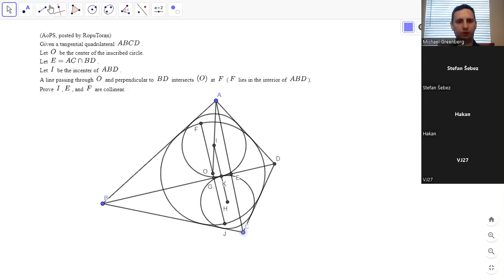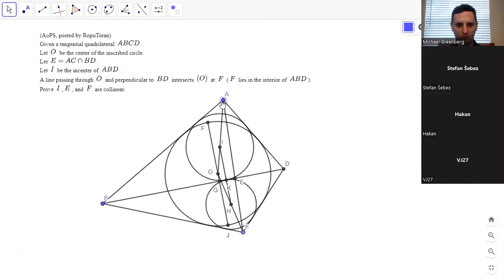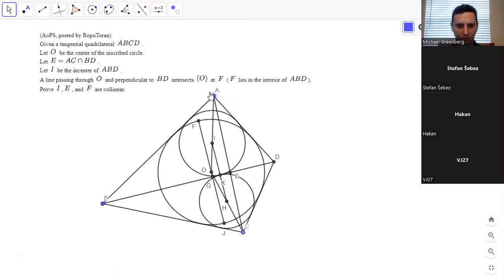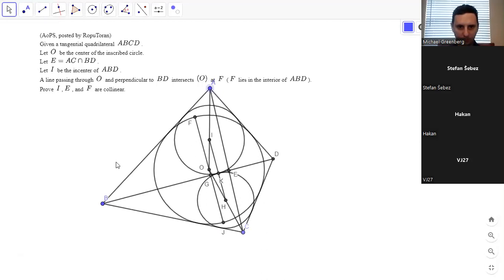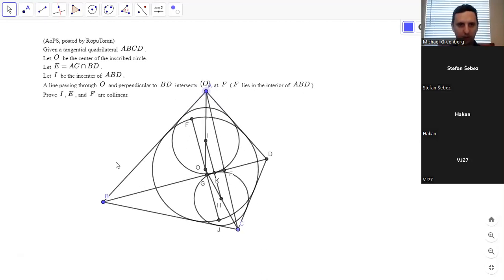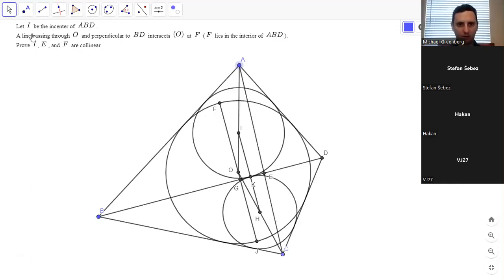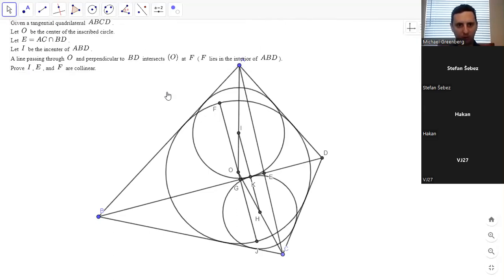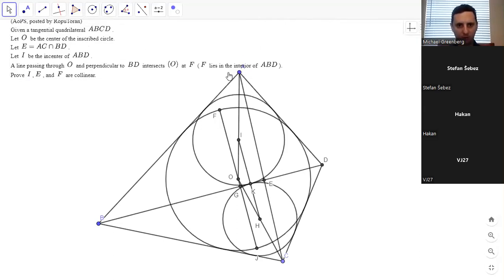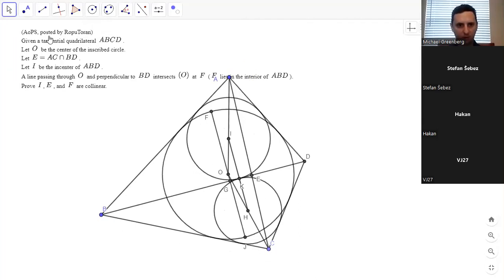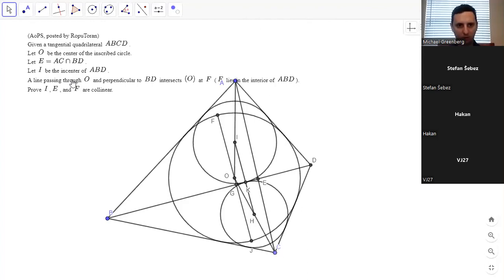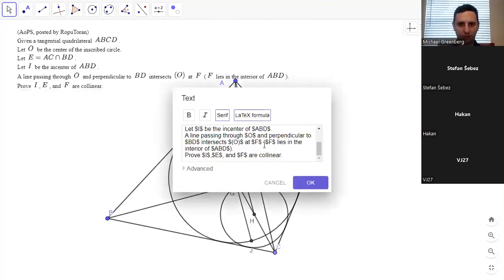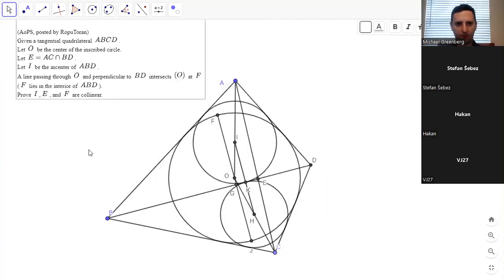So we know C, H, and O are collinear. Probably draw that. Yeah, let me, I'll do this. Here we go.